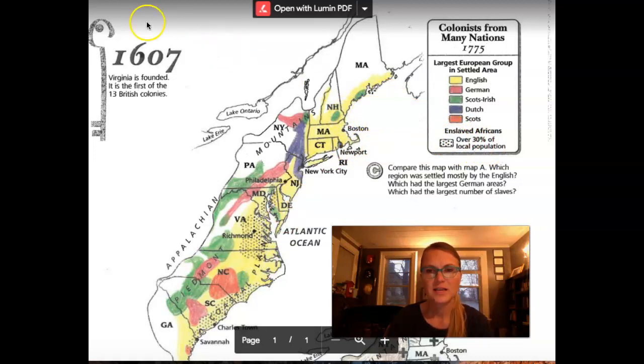Okay, so let's take a look at New England and what this map can tell us about New England. So here's New England up here. You'll notice that this part up here says MA for Mass, because remember, Massachusetts also includes what is now Maine. Okay, and if I look at my New England states, Rhode Island, Connecticut, Massachusetts, and New Hampshire, I notice that it is mostly yellow.